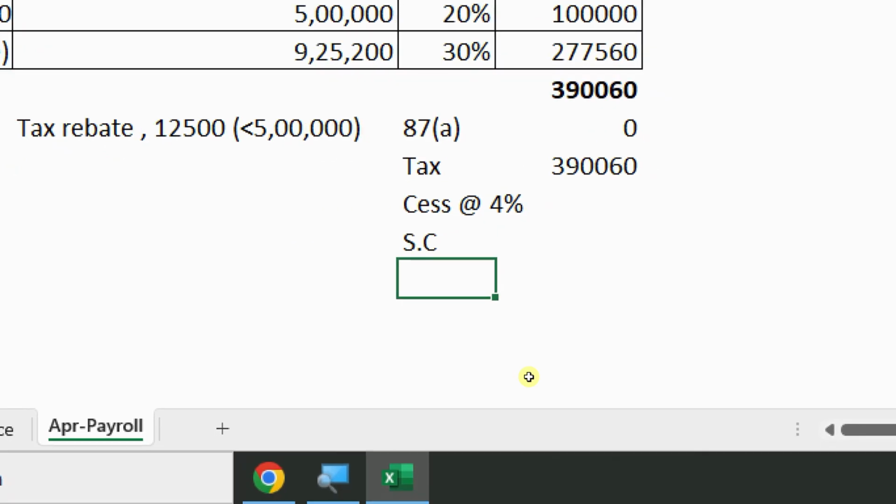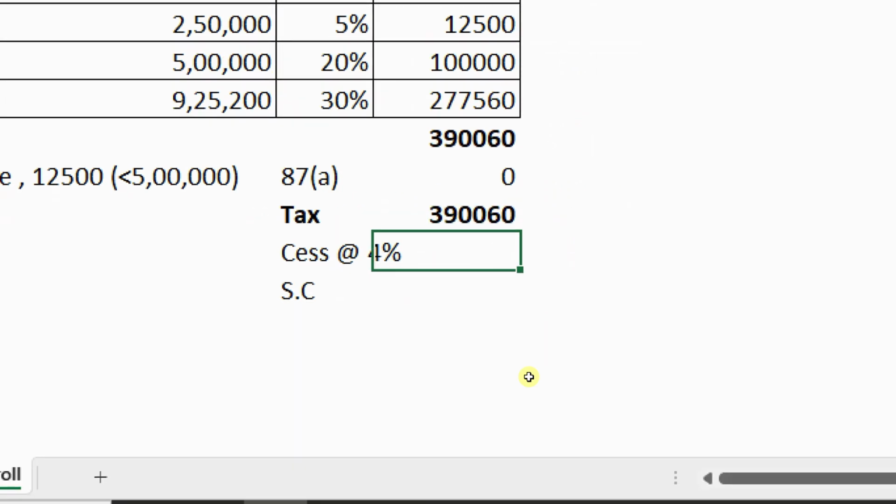Plus surcharge. On tax, cess will be applicable.